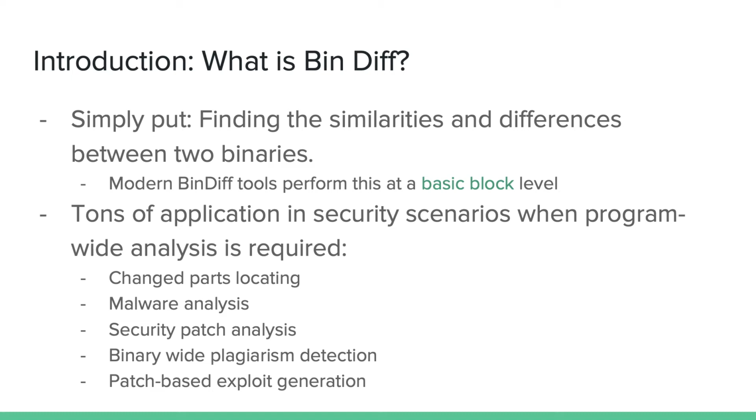There are tons of applications for binary diffing in security scenarios where program-wide analysis is required, such as locating the changed parts of a binary, malware analysis, security patch analysis, binary-wide plagiarism detection, or patch-based exploit generation.